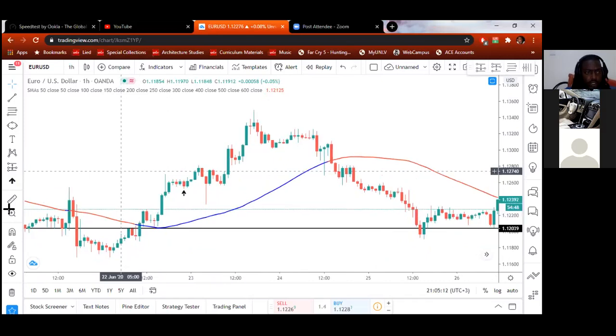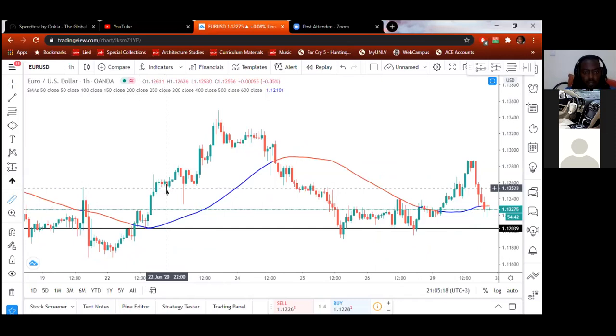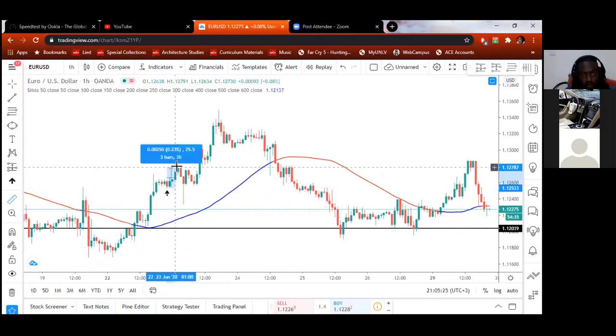This trade, Euro USD, how did it behave? If it's Faith, follow me here. When you entered here, in 3 hours it went up about 27 pips.